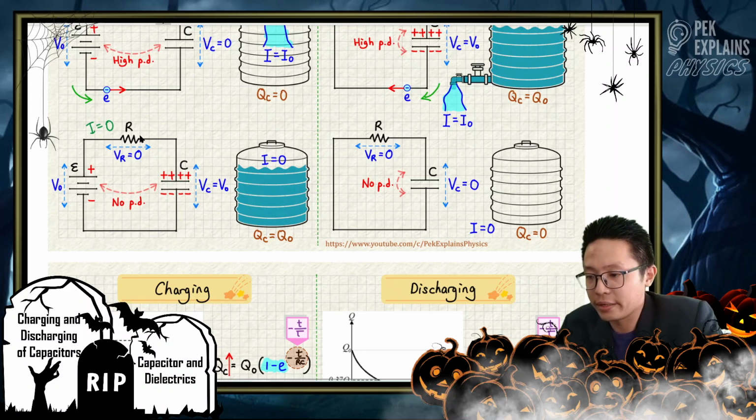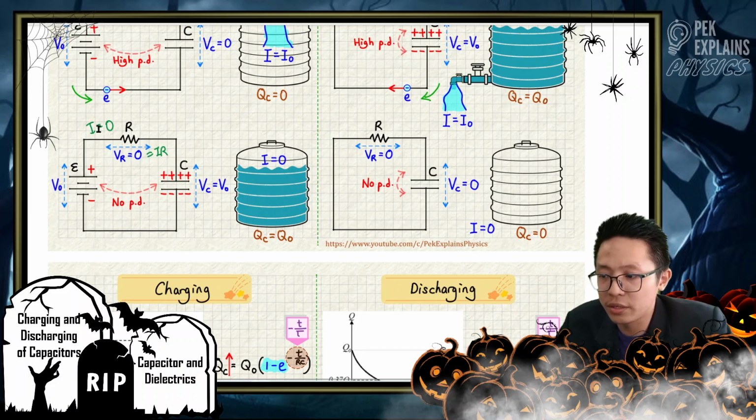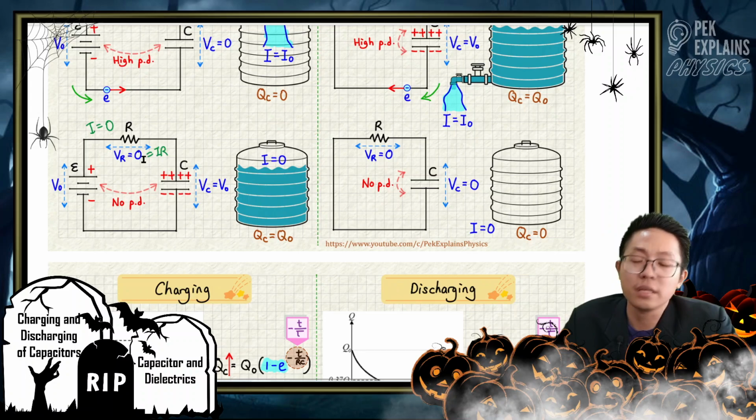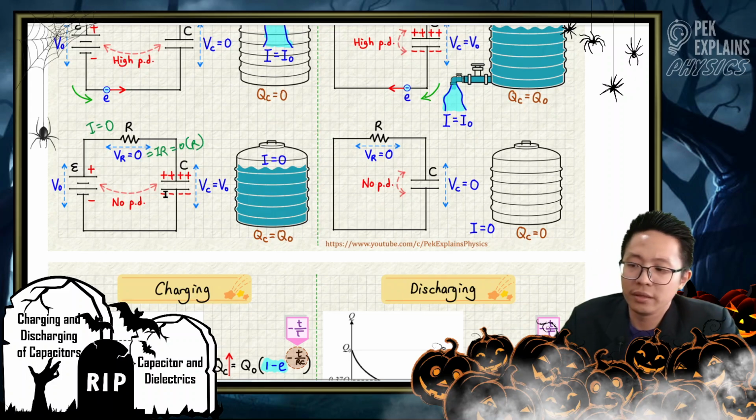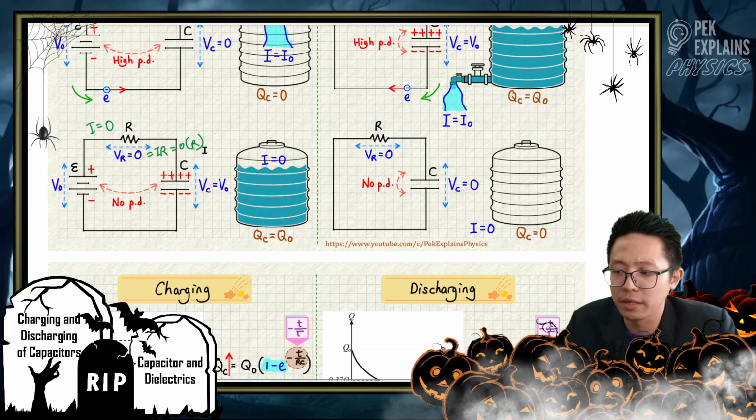So when VR equals IR, zero current multiplied by the resistor is zero, that's why the voltage across the resistor is zero also, because the charging process has already finished. Zero multiplied by resistor, you get zero voltage across the resistor.